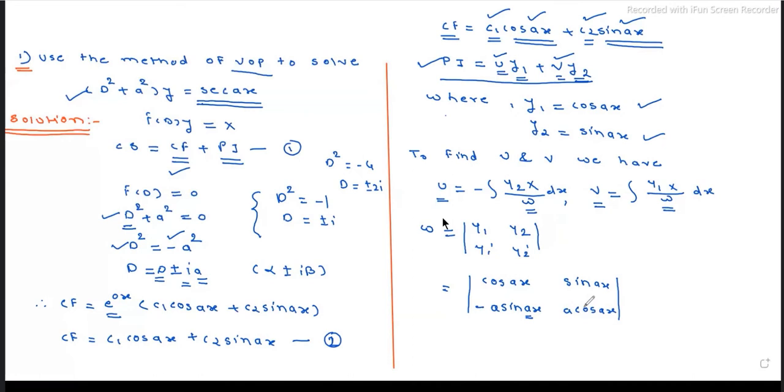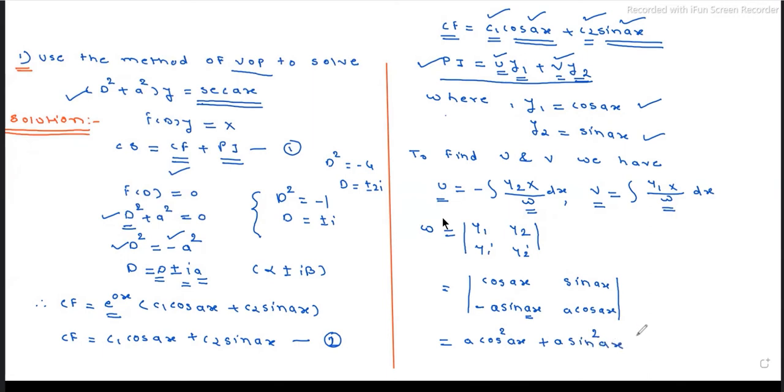ओके, हमने फर्स्ट रो के करस्पॉन्डिंग डेरिवेटिव्स लिखे. नाउ सिंप्लीफाई. क्रॉस मल्टीप्लिकेशन यू हैव टू डू. Into a into cos ax. a is written as it is. Cos ax into cos ax is nothing but cos square ax. Okay, minus minus a is there. Sin ax into sin ax is nothing but sin square ax.